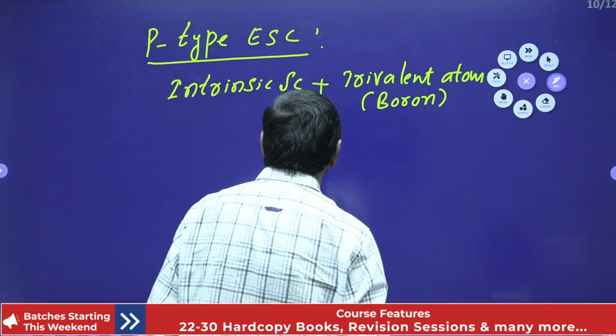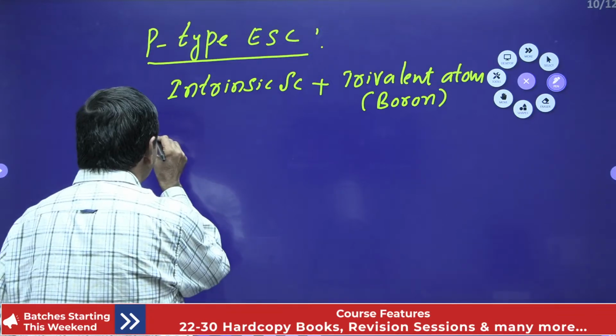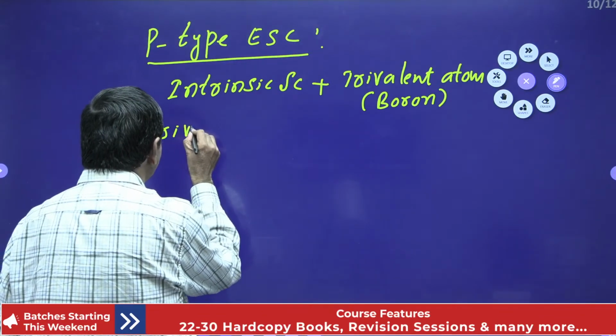I can write here now: trivalent atom means an atom which contains 3 valence electrons.